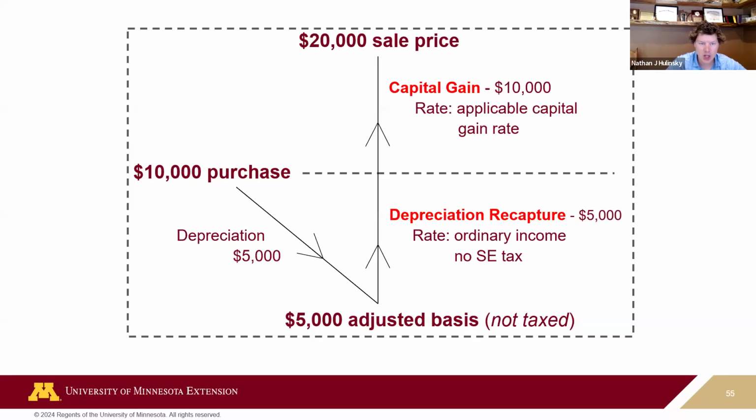The additional $10,000 to get us to the final sale price of $20,000 will be capital gains. Capital gains rates differ as well: the first roughly $80,000 has a 0% rate, and then it's 15 up to 20% capital gains tax rate. Just keep that in mind.